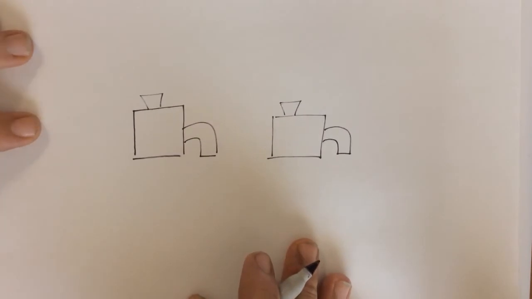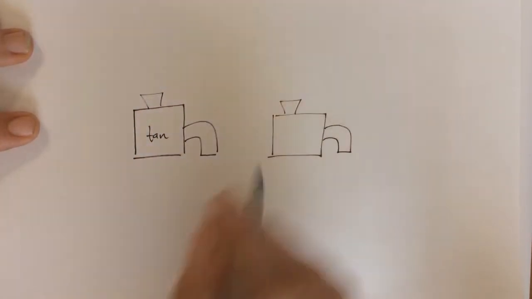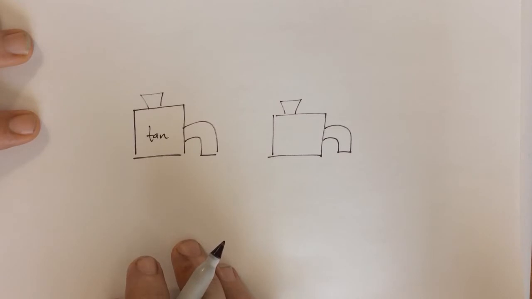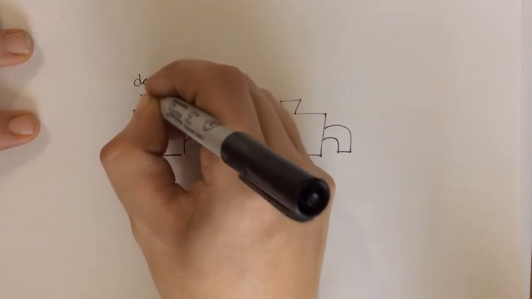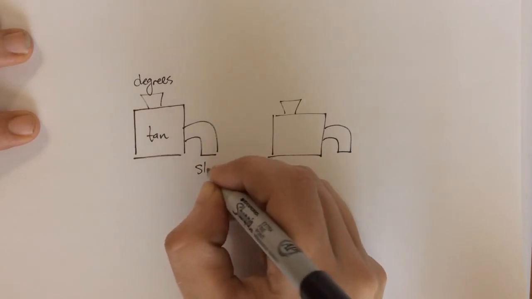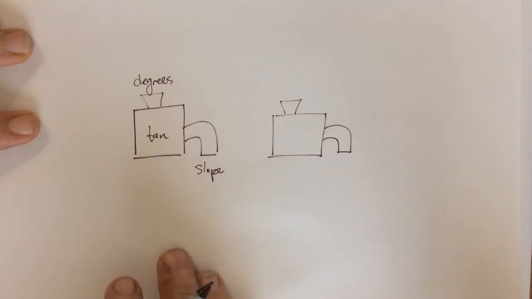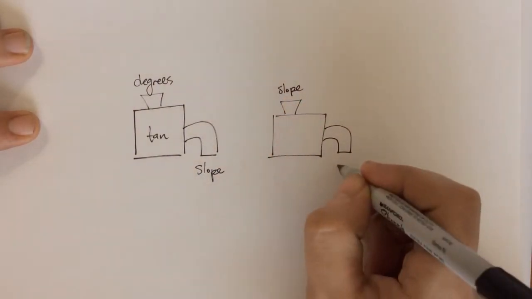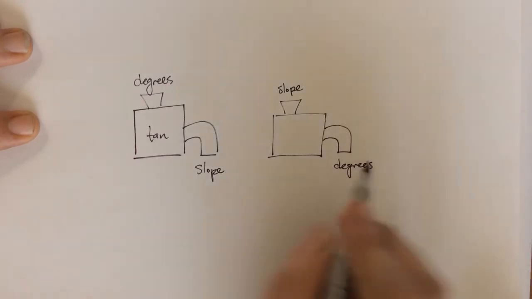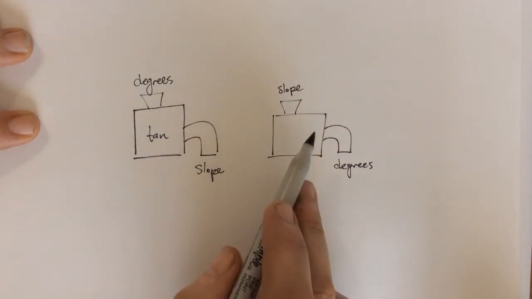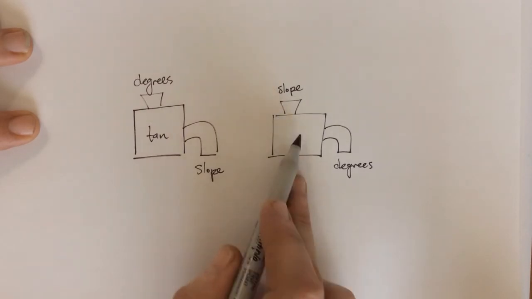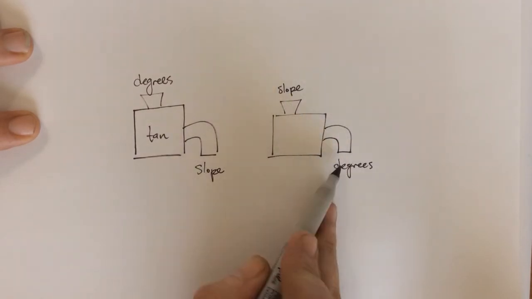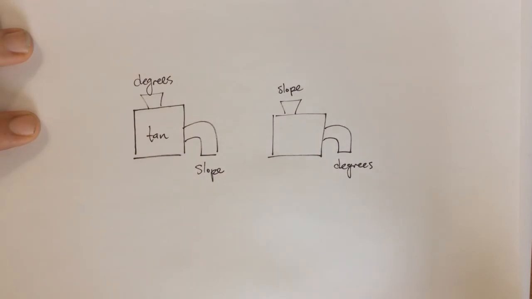So if a function like tangent goes from degrees to slope, then the inverse function goes from slope to degrees. So given a particular slope, the inverse of the tangent function should tell us what measure the angle is that's made by that line and the horizontal axis.